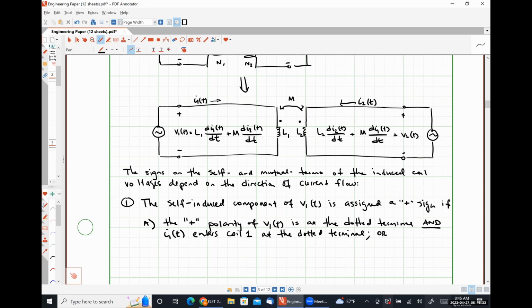We'll talk about the second condition first, but I want to show you guys something here. So the positive polarity terminal of our voltage V1 is literally at the exact same node as the dotted terminal, okay? So the positive polarity terminal of V1 is at the dotted terminal. So that's the first part of that first statement. That is true.